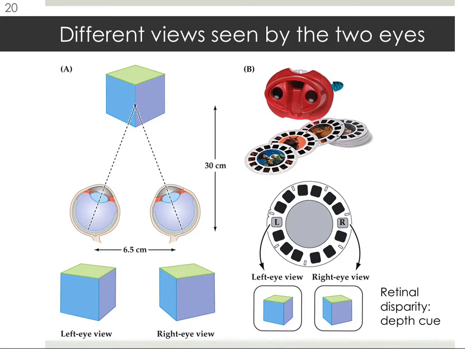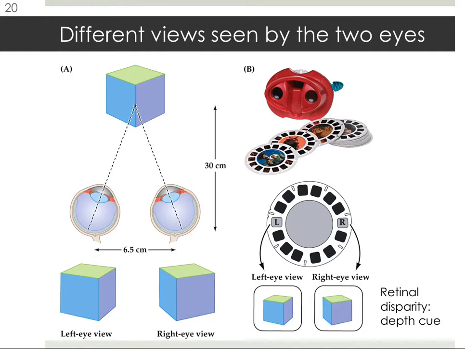This is one of those interesting tricks you can play, because our visual system is integrating top-down and bottom-up information. Because we've gotten so good at taking the retinal disparity cue and inferring three-dimensional structure from it as a depth cue, people have taken advantage of that and used retinal disparity to trick the brain into thinking that we're seeing depth.